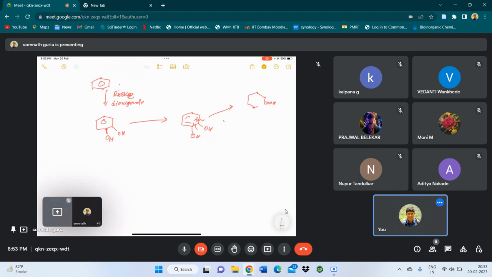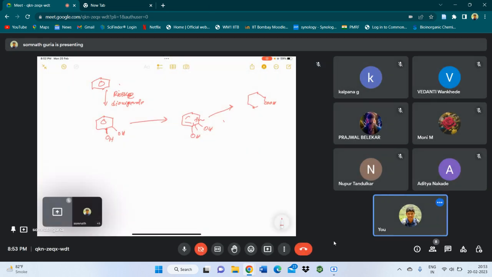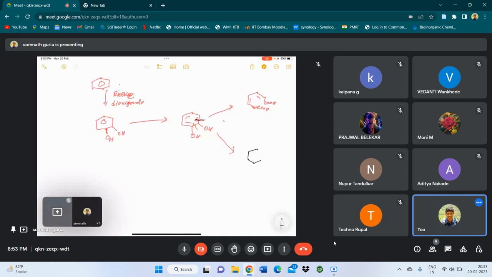And if it breaks over here, it forms COOH and OH, and this is the form.